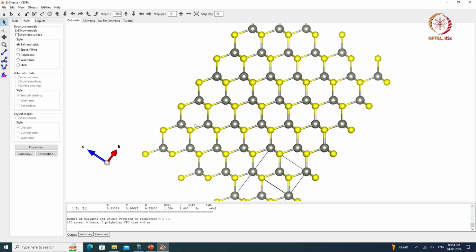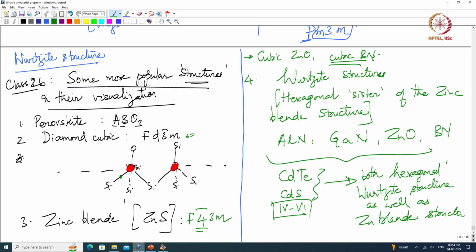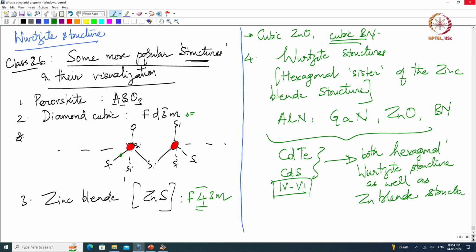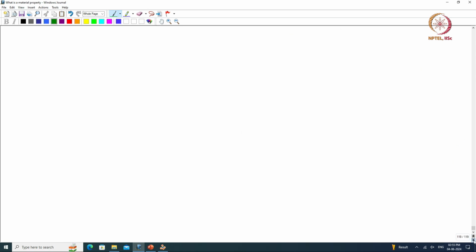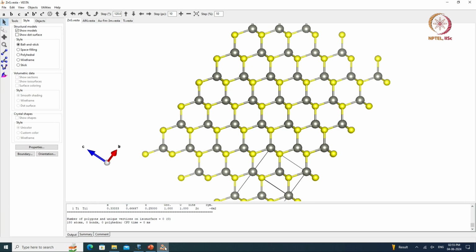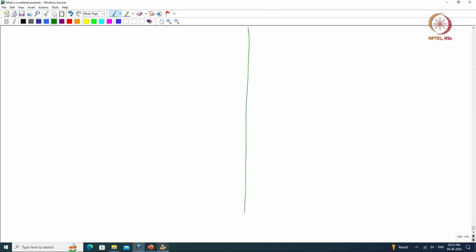So if I draw this, how is the dumbbell looking? Yeah, so I am going to draw a zinc, this one a zinc, this one a zinc, this one a zinc, this one a sulfur, right.